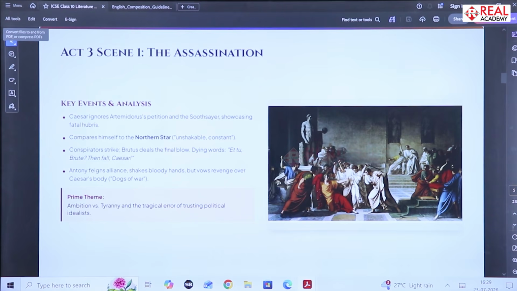Number 2, Caesar compares himself to the Northern Star, unshakable, constant. Caesar was so stubborn, so arrogant, and so confident of his power that when each and every conspirator was begging him for the banishment of Publius Cimber to be lifted, he denied the petition and compared himself to the Northern Star.